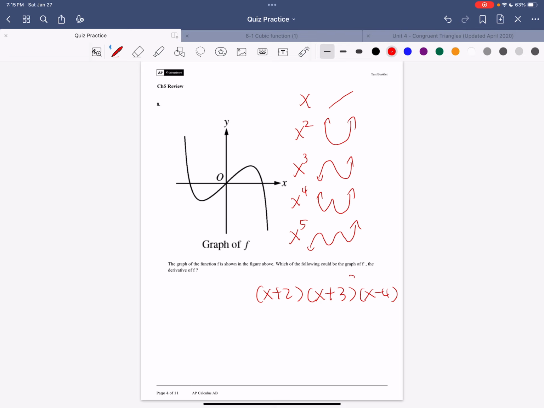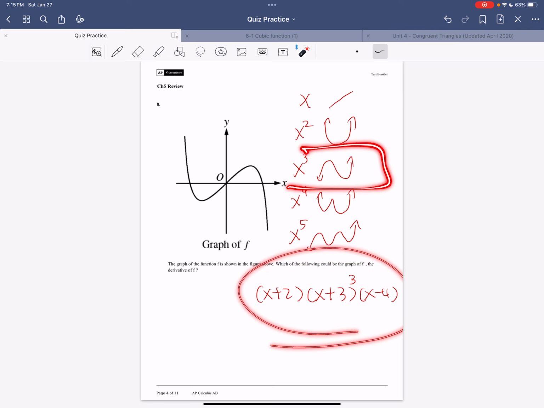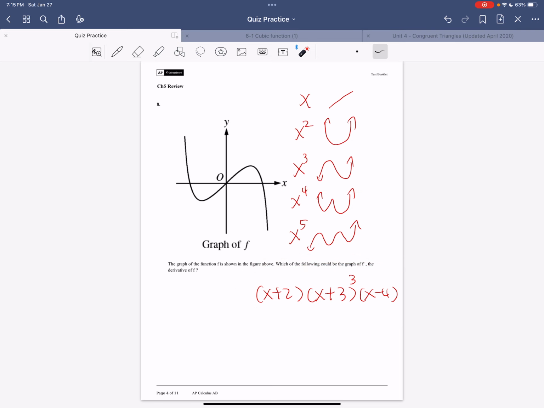But let's say I have something to the third power like this. Can you see? One, two. I have this one in common like this. Then this will look like this, okay? Keep that in mind because we have this one in common. But most of the time, this one is a cubic.